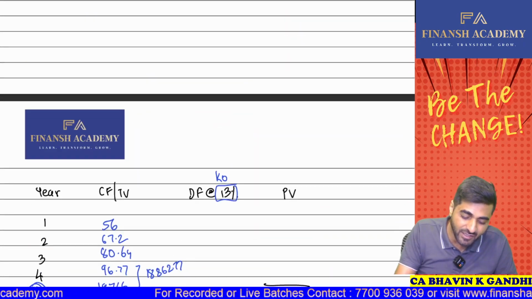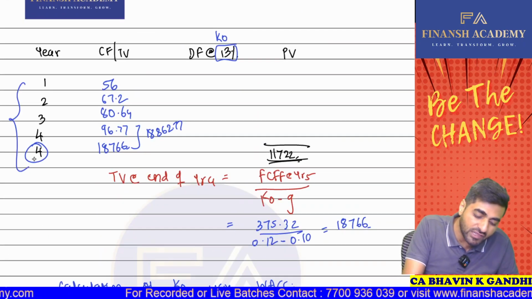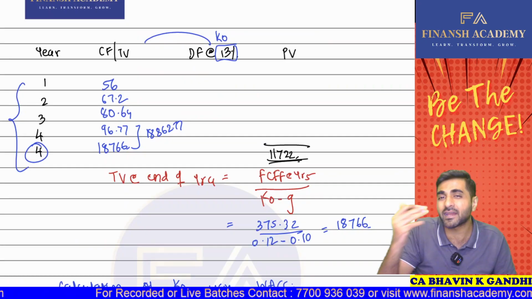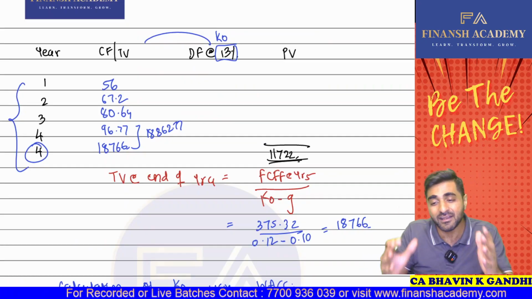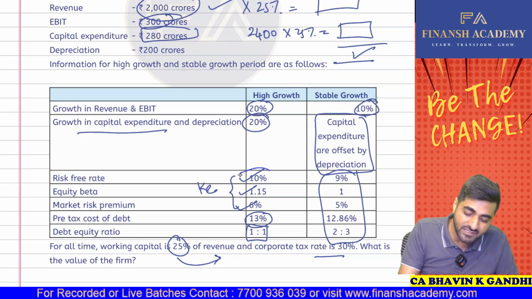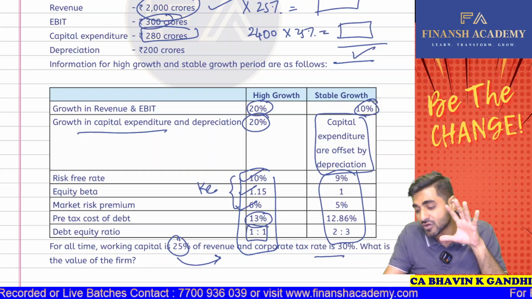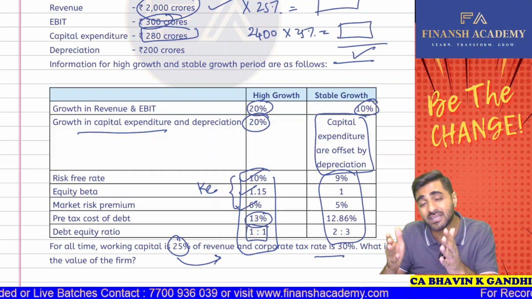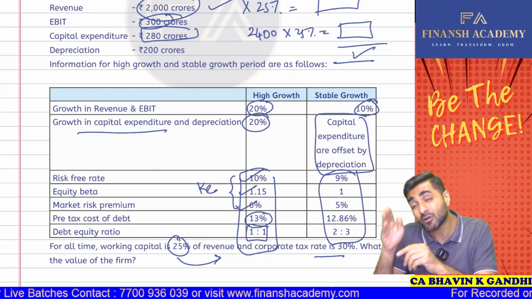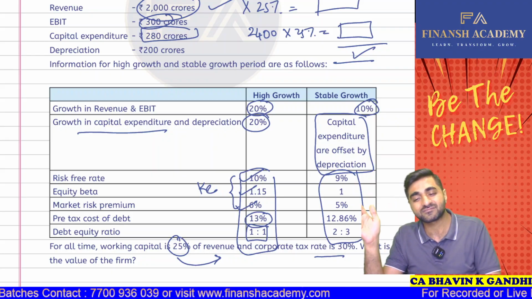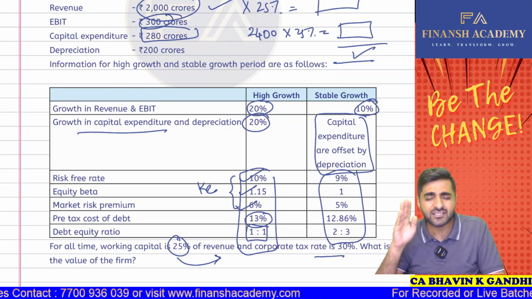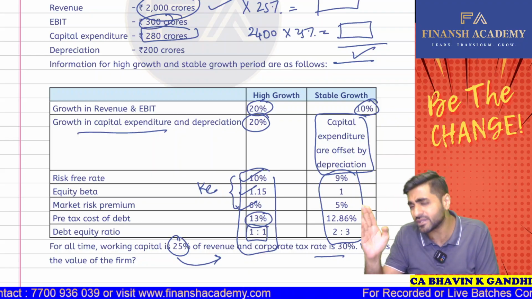And once we get that terminal value, now for these 4 years, if I want to discount it and bring it to present value terms, I will use which KO? The KO which is calculated for the initial 4 years. So this is the difference which you have to understand, because many students make a mistake here. You have to understand that from the 5th year onwards, if your cash flow is going to be constant, come on, yes or no? Yes, sir.